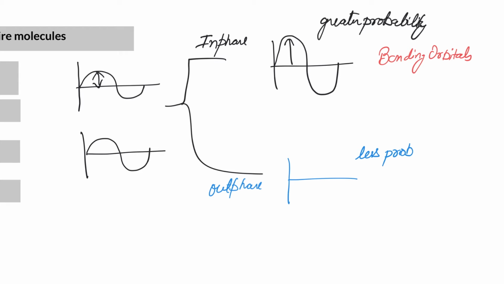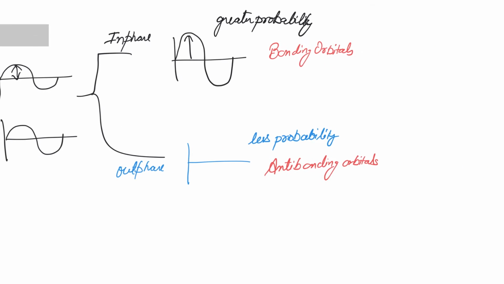So you have in phase and out of phase interactions. The orbitals formed as a result are called anti-bonding orbitals. As you can understand, this is the type of orbital which will have a higher energy level, right? So we represent the anti-bonding orbitals and bonding orbitals differently.